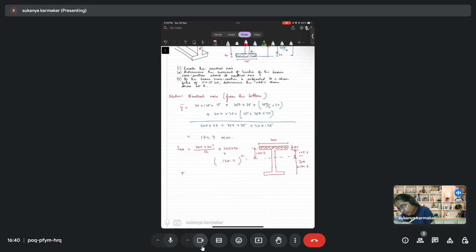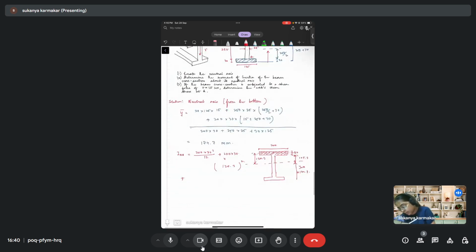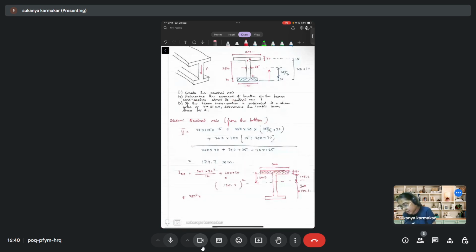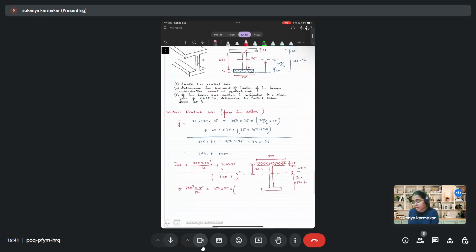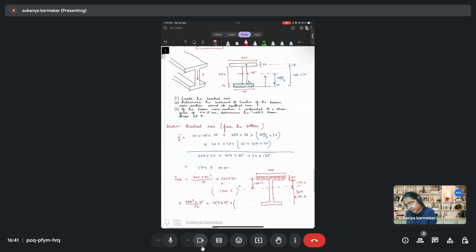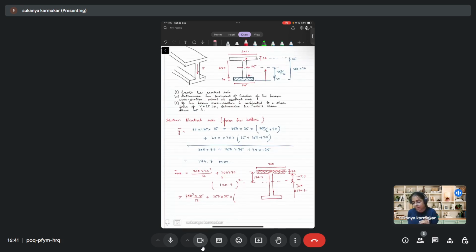For the web about the CG, the height of the web is 250 mm. So 250 cube into the thickness 25 by 12 plus the area is 250 into 25 into, now the distance of the CG of the web, let's say from the bottom.